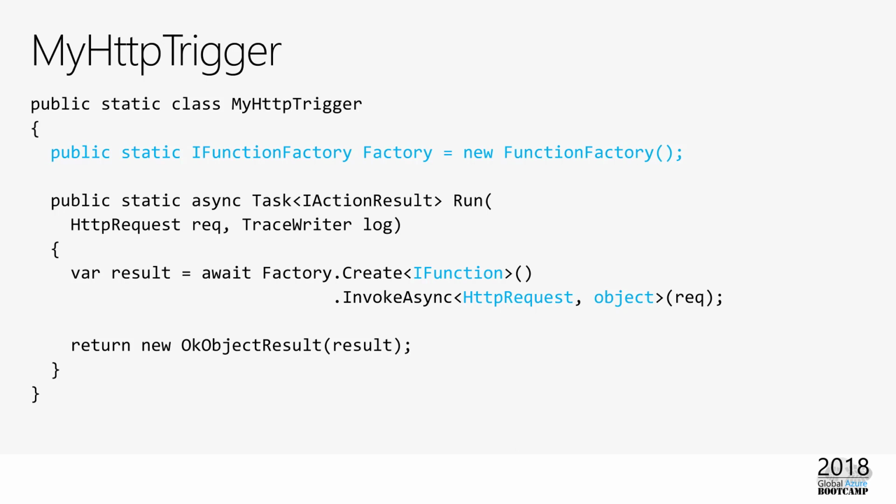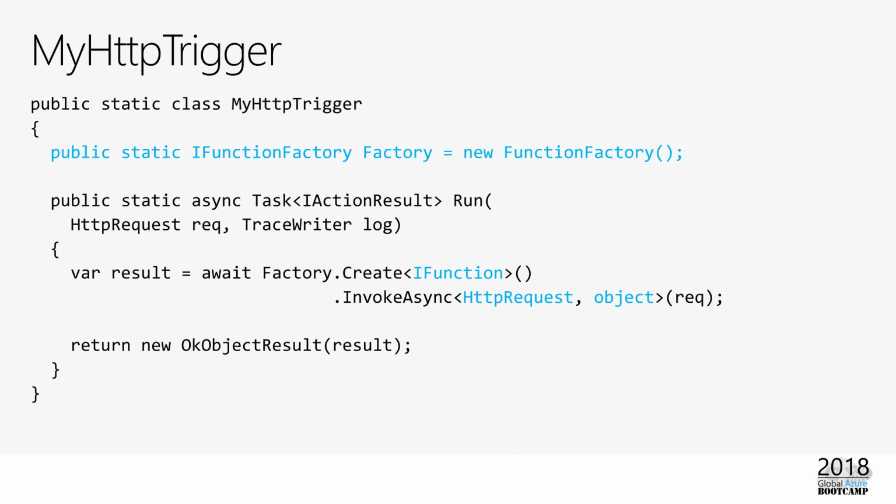So if we revise the previous HTTP trigger, instead of directly defining the IServiceProvider as a static property, we define a static property with IFunctionFactory. Then within the run method, we create a function and invoke the method to get the result. That's it.